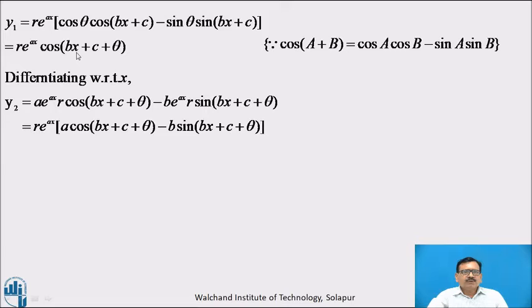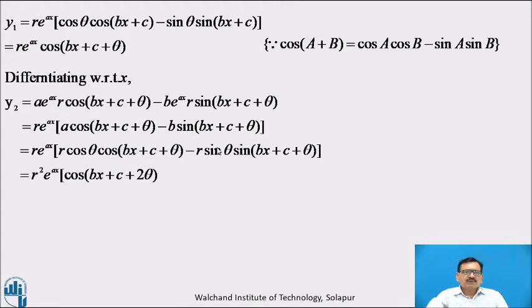Again using the u into v formula, here r is constant, the derivative of e to the power ax is a into e to the power ax, r as it is constant, and cos(bx plus c plus theta), and minus, keeping r into e raised to ax as it is, the derivative of cos(bx plus c plus theta) is minus b sin(bx plus c plus theta), which is equal to, taking again r common, r into e to the power ax into [a cos(bx plus c plus theta) minus b sin(bx plus c plus theta)].